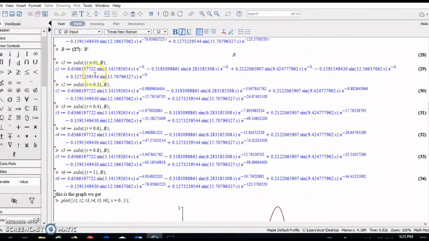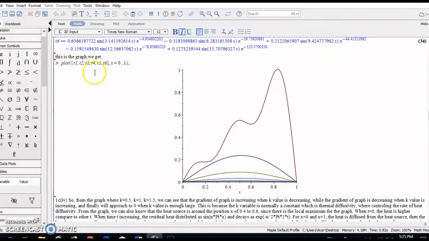Then we sub t equals 0, 0.2, 0.4, 0.6, 0.8, and 1 into the b function. And then we use the same coding for t1, t2, t3, t4, t5, and t6, where x equals 0 to 1. And then this is our graph for k equals 0.5.